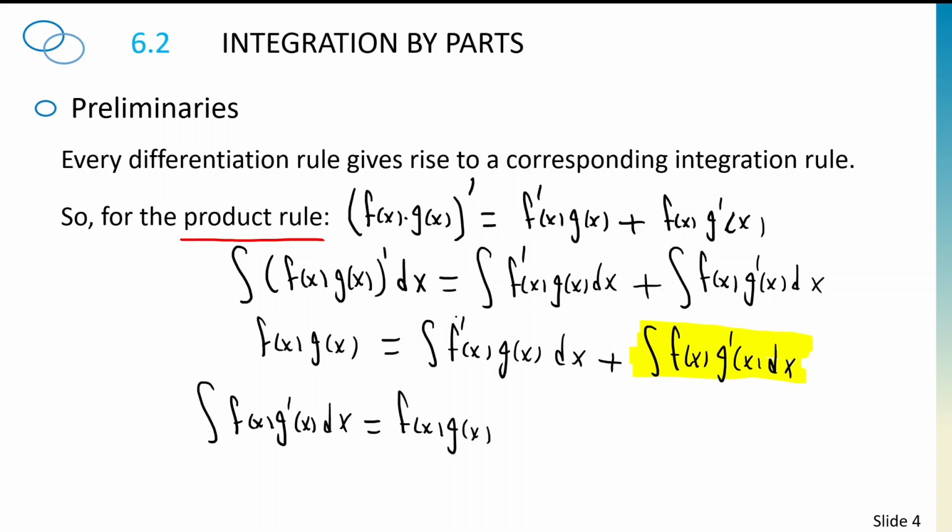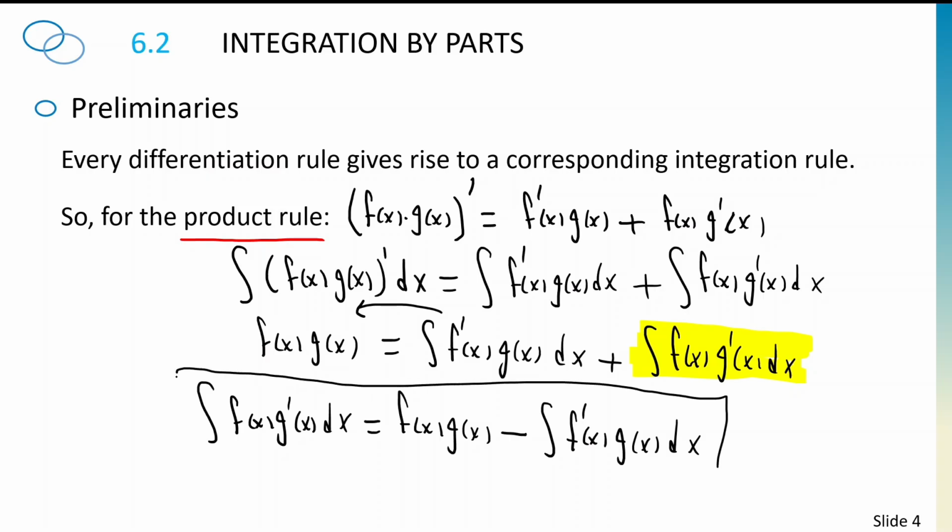If I need to solve for this, I have this term here. I'll send it to the other side and switch the sign. So this is negative the integral of f prime of x, g of x dx. And this is the integration by parts rule. This is the integration by parts rule.